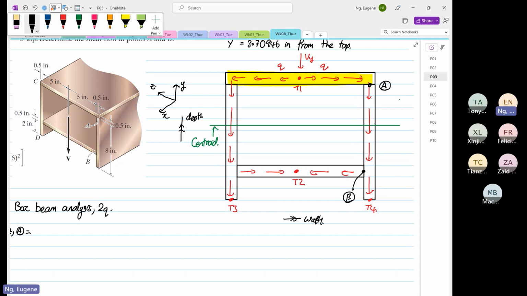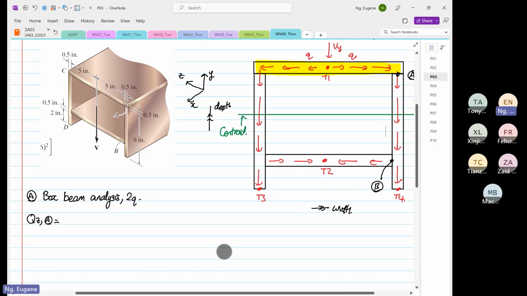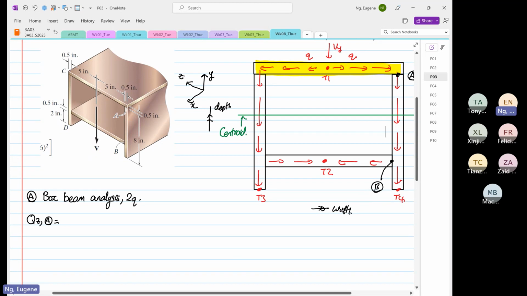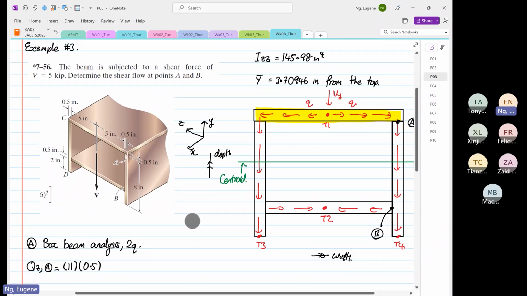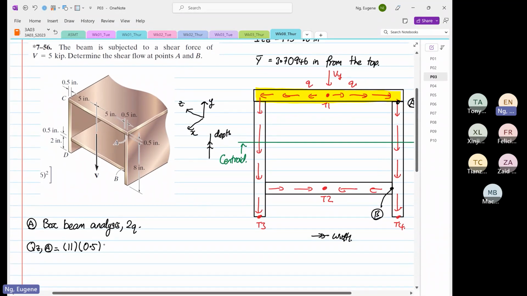Okay, so from here, QZ at point A, so the width is what? 10, 11. The depth is 0.5. The Y bar is 3.70946 minus, right?